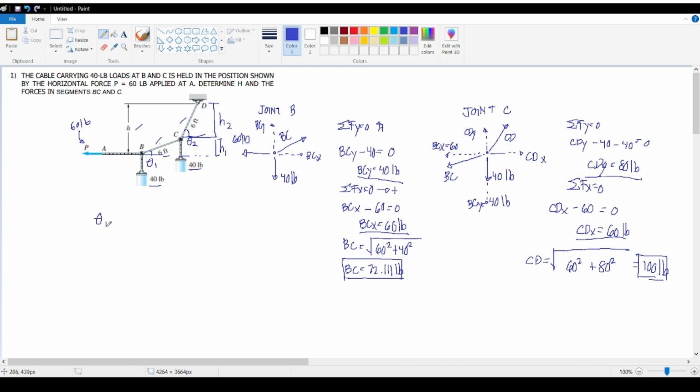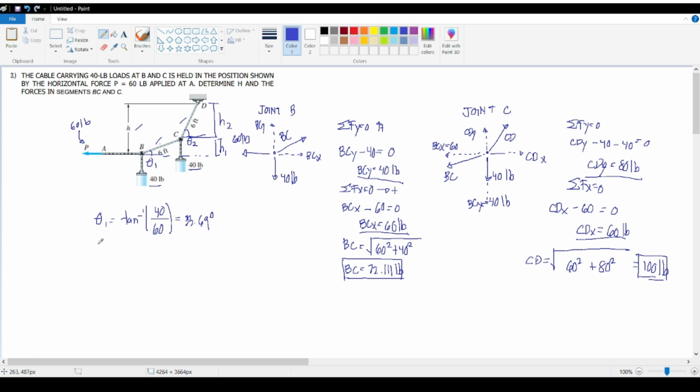Theta 1 is just the inverse tangent of the y component, which is 40, over the x component of the force, which is 60 pounds. Using our calculators, 40 over 60, that's 33.69 degrees.